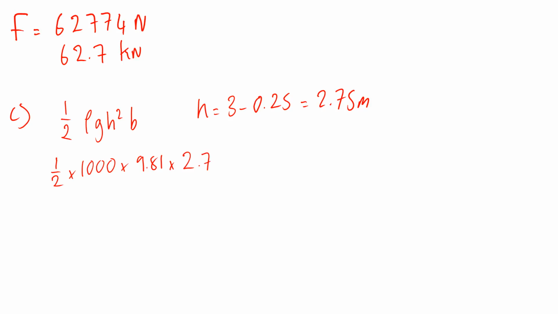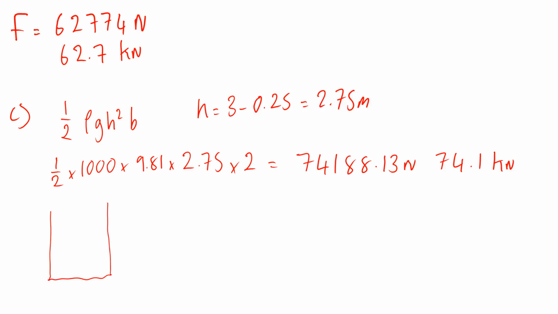So it's 2.75 squared times B, which is 2, and the answer you get from that is 74188.13 newtons, or 74.1 kilonewtons. And the reason they're different: if you draw hydrostatic pressure on a wall of a solid caused by the fluid at rest, it looks something like that.